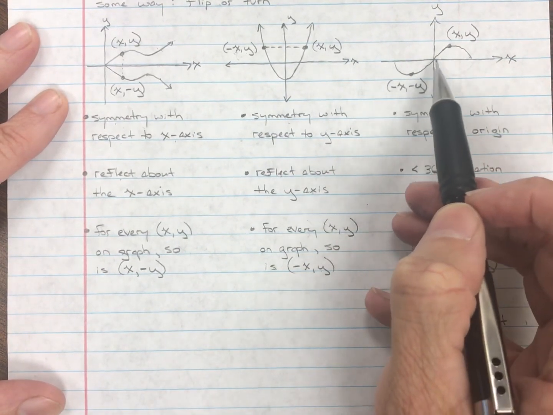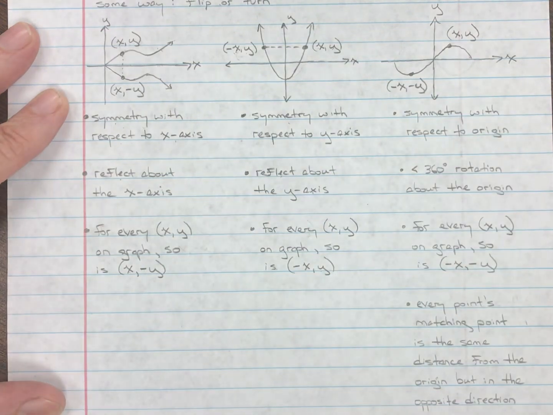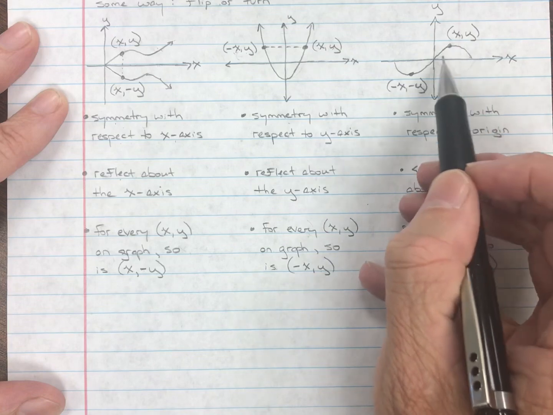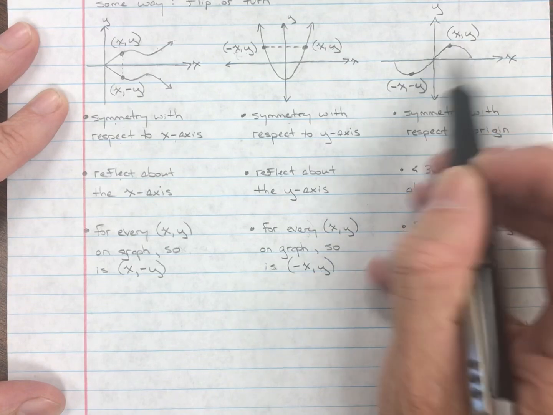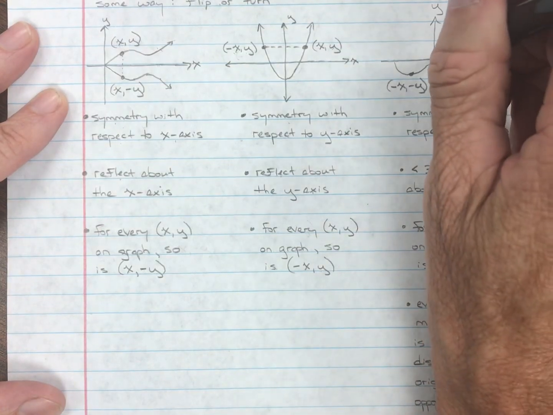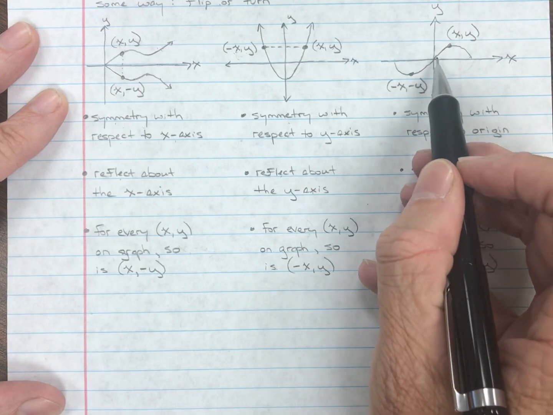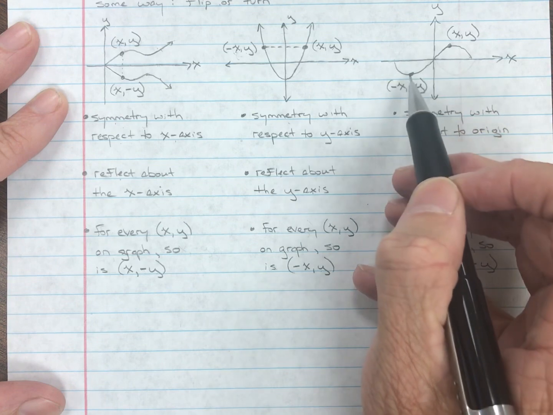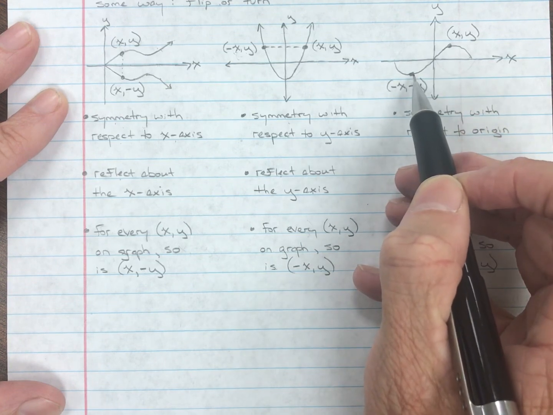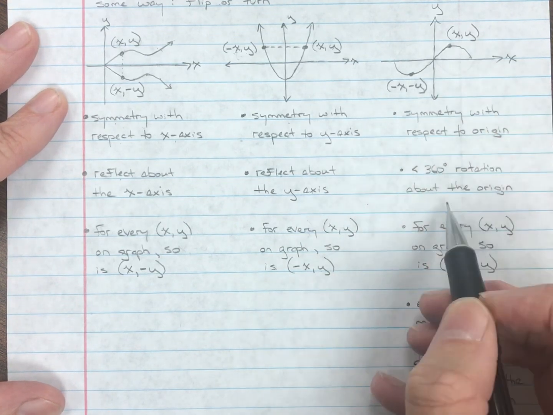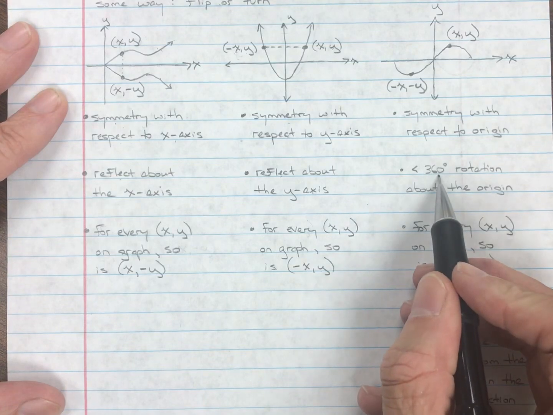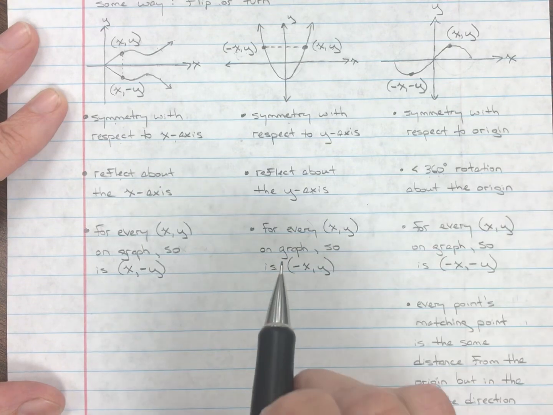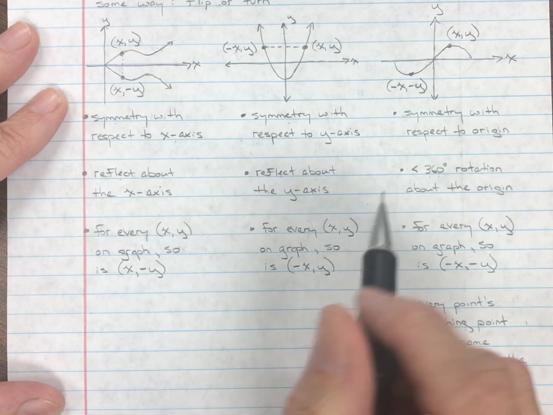I've drawn a curve here, and what you look for with symmetry about the origin is this: if you hold your pencil or a pen right here at the origin and spin it, and it matches itself in a rotation of less than 360 degrees, then it is symmetrical about the origin.